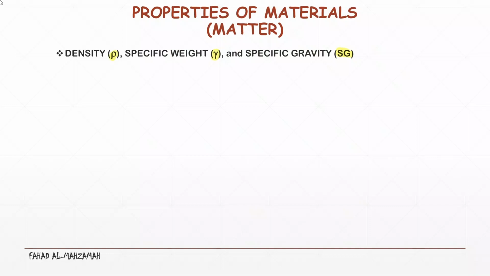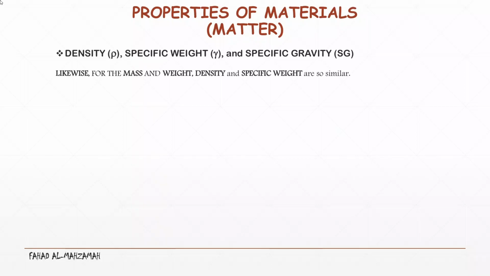You have to know the differences between these three properties. Most common mistakes come from mixing them up and not understanding the difference. So you have to solve the examples and exercises and practice all the questions in order to understand.